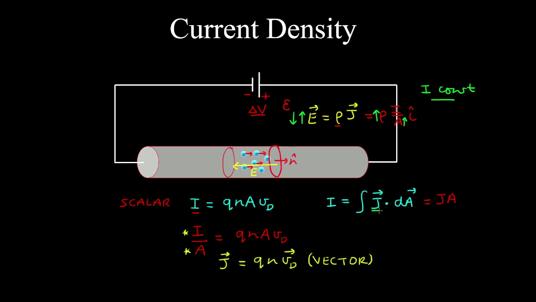Now the current density can also be given as a function. So in that case, the total electric current through a section of wire can be obtained by integrating the dot product between the current density and the differential area vector.